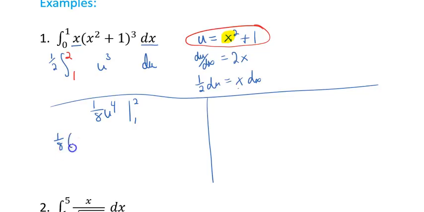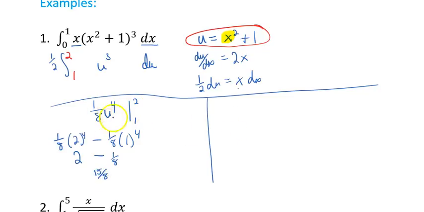So 1/8 times 2 to the 4th minus 1/8 times 1 to the 4th. 1/8 times 2 to the 4th is going to end up to be 2. 1/8 times 1 to the 4th is going to be 1/8. And if I do 2 minus 1/8, that is 16/8 minus 1/8, 15/8.